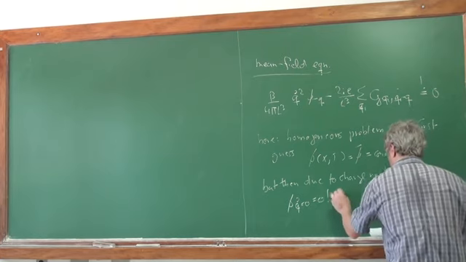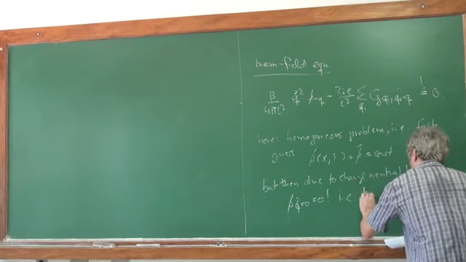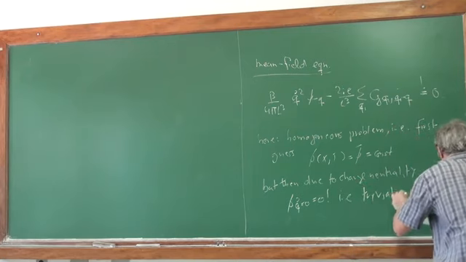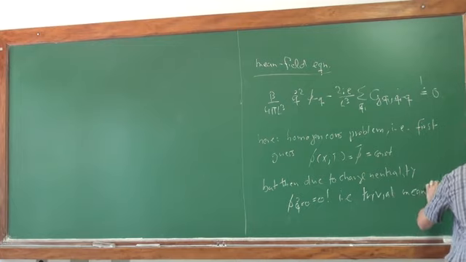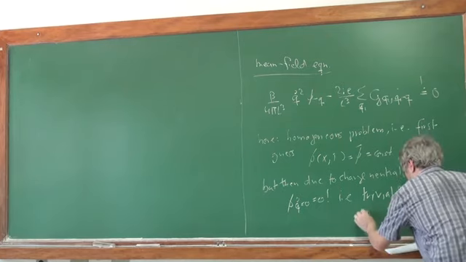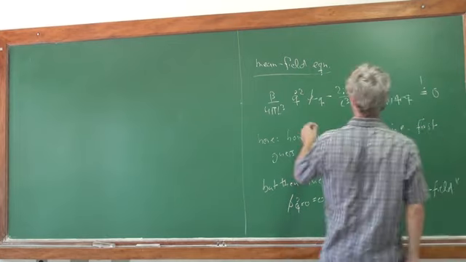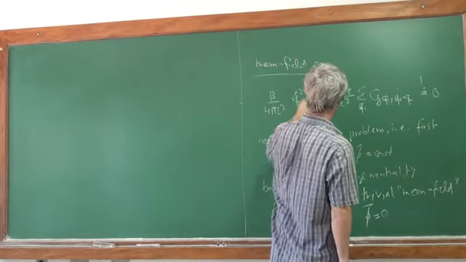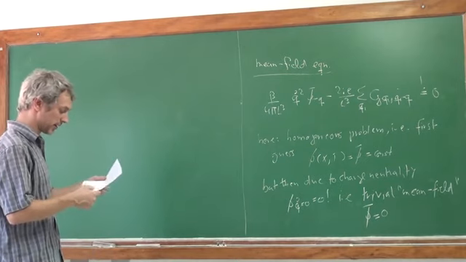So we have this condition, and this then means that we have a trivial mean field solution, or trivial mean field, which is the solution of the mean field equation, phi bar 0. So let's call this phi bar the solution. Okay. So this is just a trivial mean field.